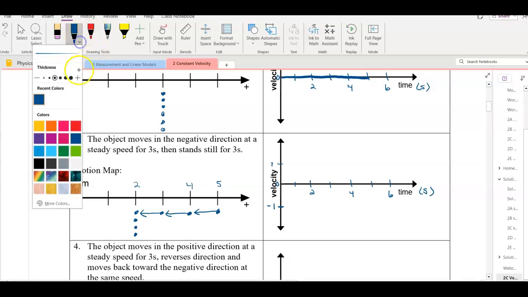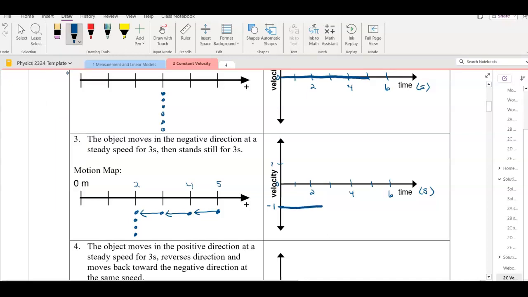So now I'm going to show a velocity of -1 because it was moving in the negative direction for the first 3 seconds. And then at time 3, it started pausing. It didn't move for the next 3 seconds. And so I show a velocity of 0.